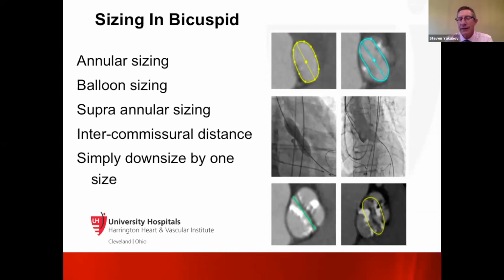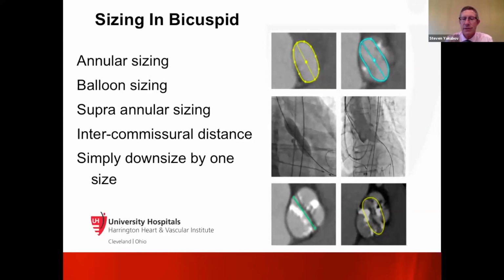Yeah, I think I make the decision based upon the calcification, especially annular calcification, and then what that raphe looks like. So that raphe, I agree with Sushil, that thing's not going to split. It's going to impact the shape of the valve. And so I would not use a balloon expandable valve in this particular instance. I would either use a self-expanding, which is the one I have the most experience with.